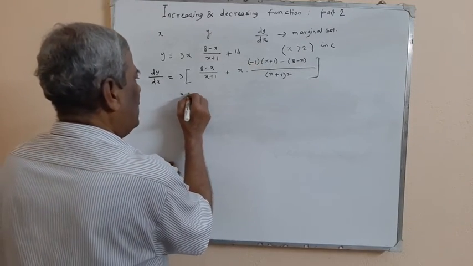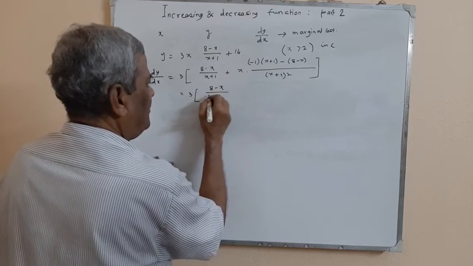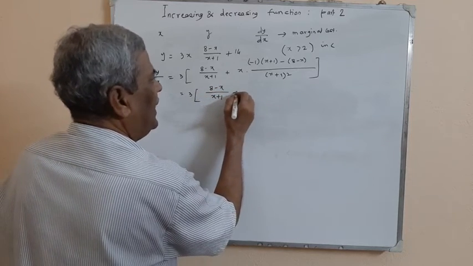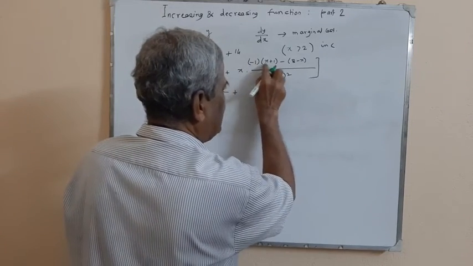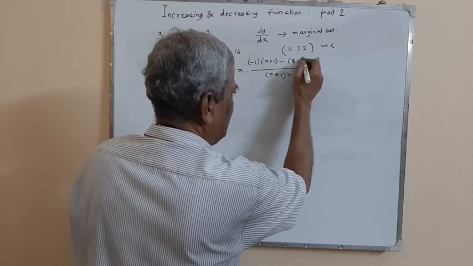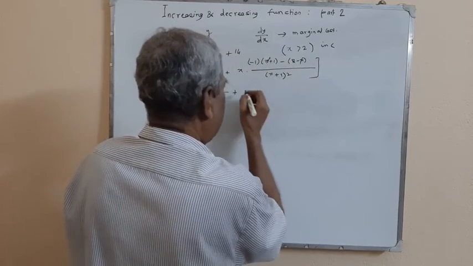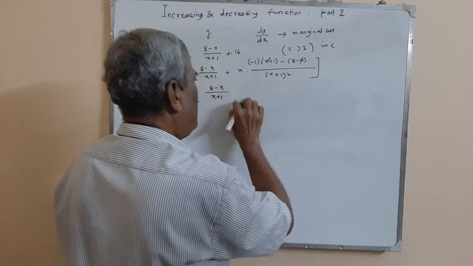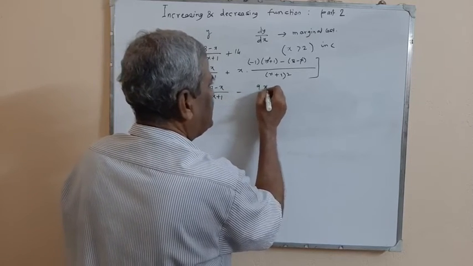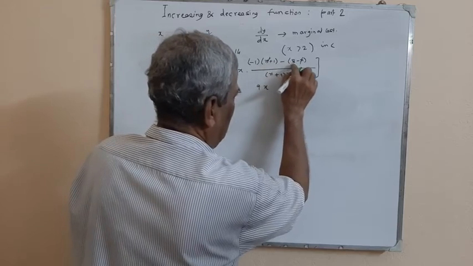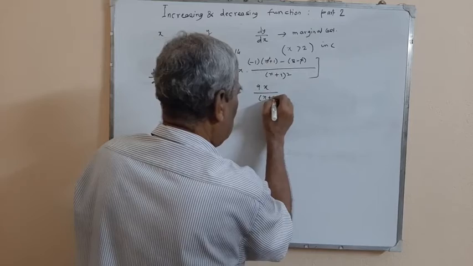So it is equal to 3 into: minus x, plus x cancels, minus 1 minus 8, so it is minus 9x, divided by x plus 1 whole square.